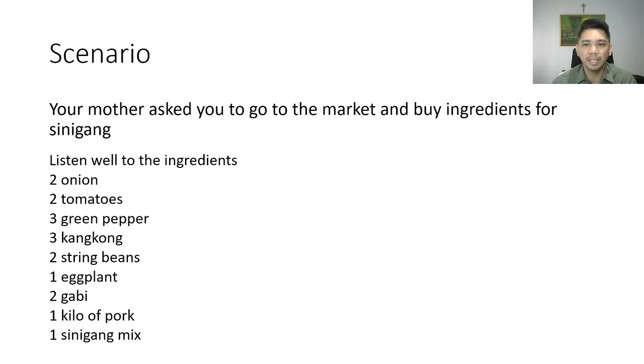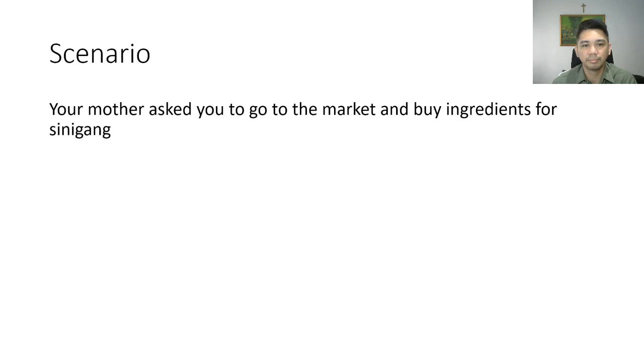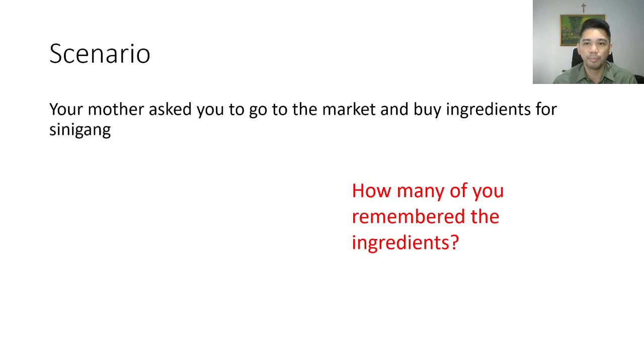Again, tingnan ng maigi yung ingredients. Now, I want to ask you, were you able to remember kung ano yung mga ingredients na kailangan bilhin? Most probably, hindi nyo naaalala. Number 1, masyadong madami. Number 2, you might not be paying too much attention.